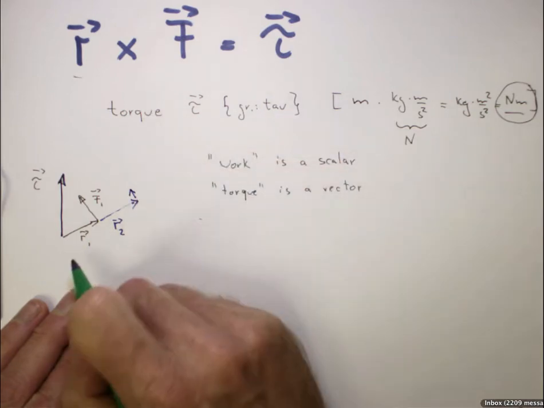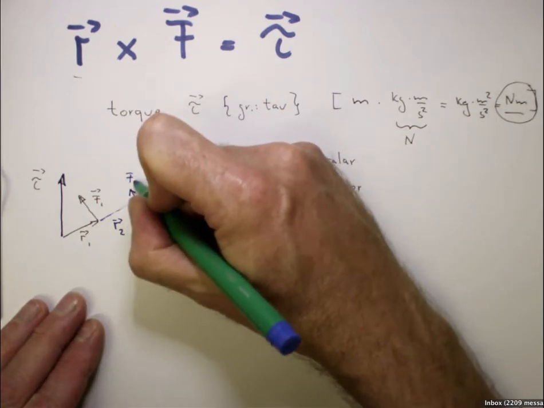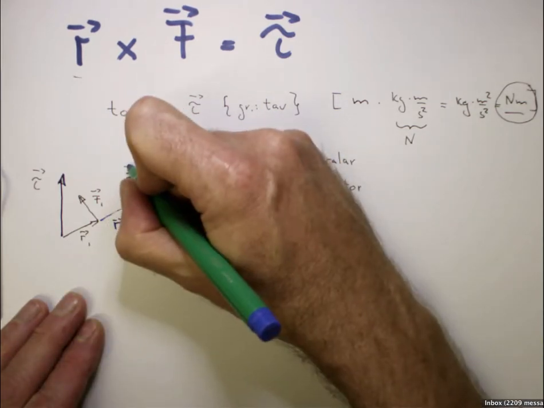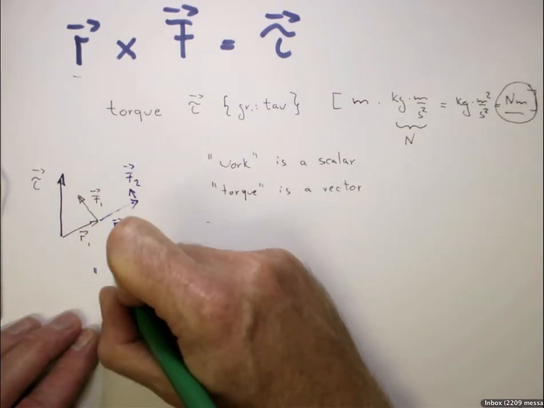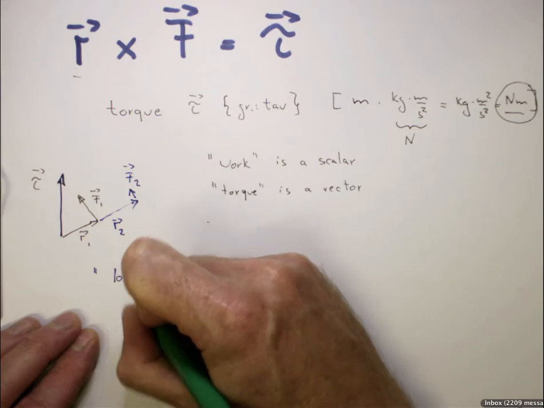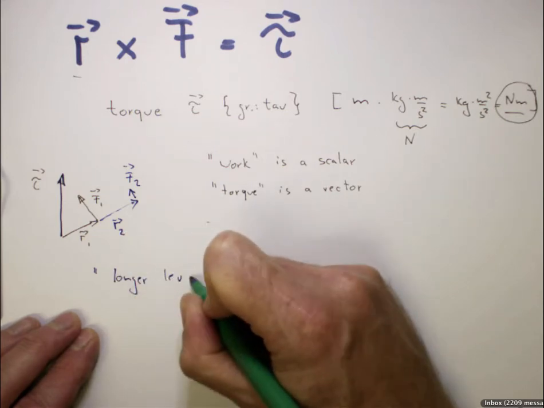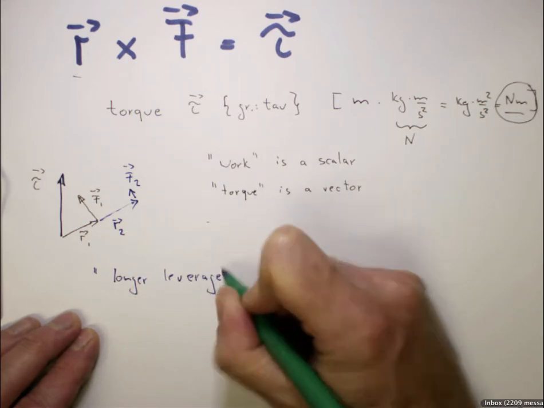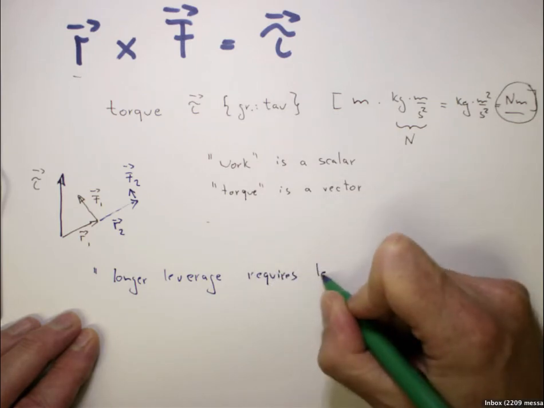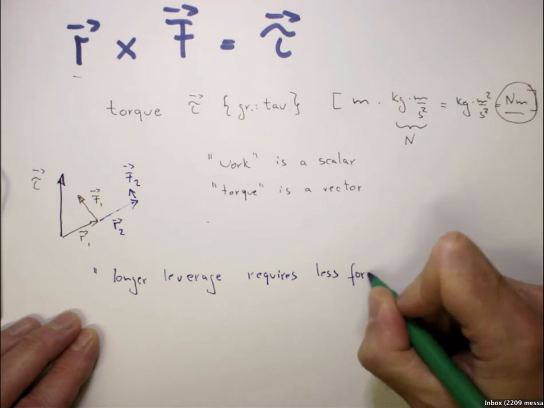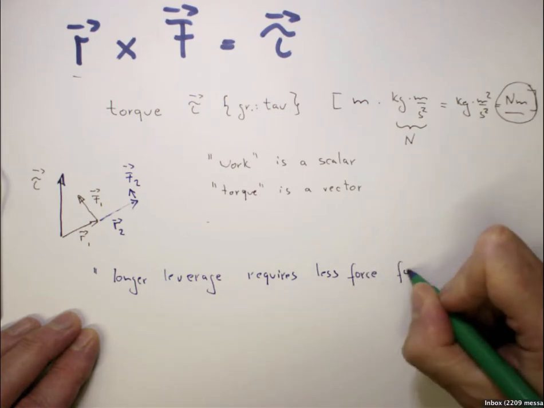In fact, it only has to be half the force at the distance R2 that is required to achieve the same torque. So longer leverage, one might say, requires less force for the same torque.